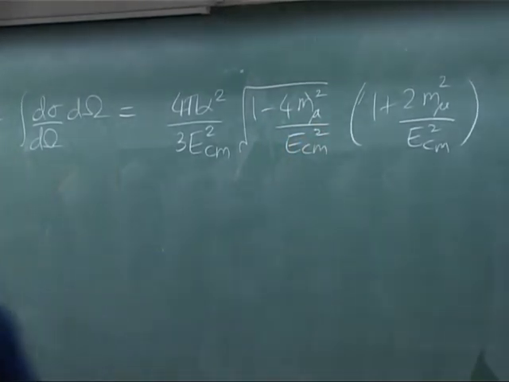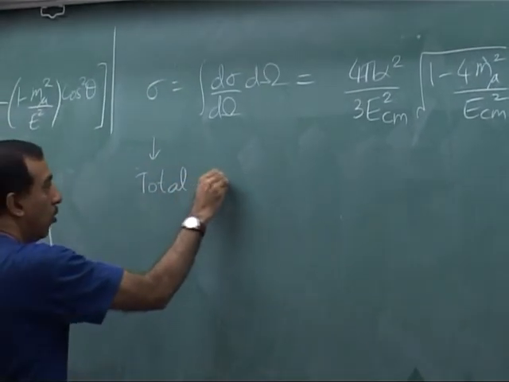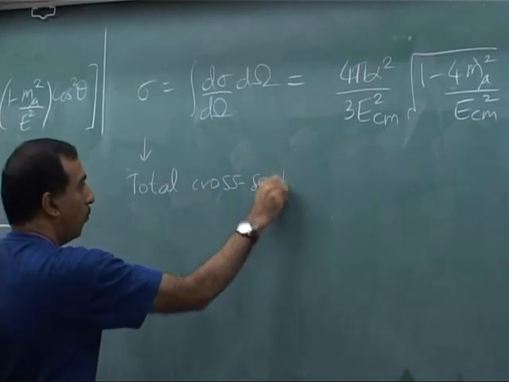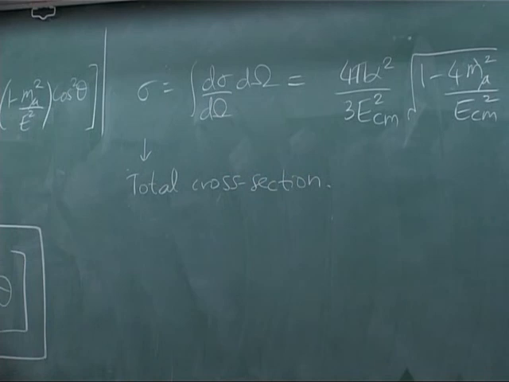That's the total cross section. Both the differential and total cross section should have some dimensions. What dimensions should a cross section have? Length squared, which is the same as 1 by energy squared. It comes from this. All the rest of this is dimensionless.